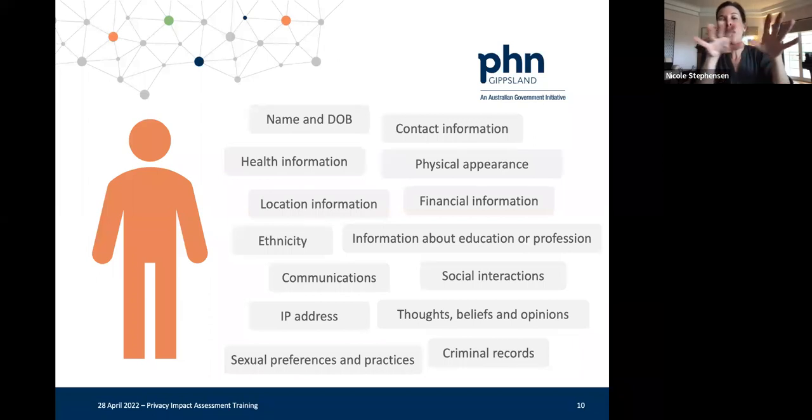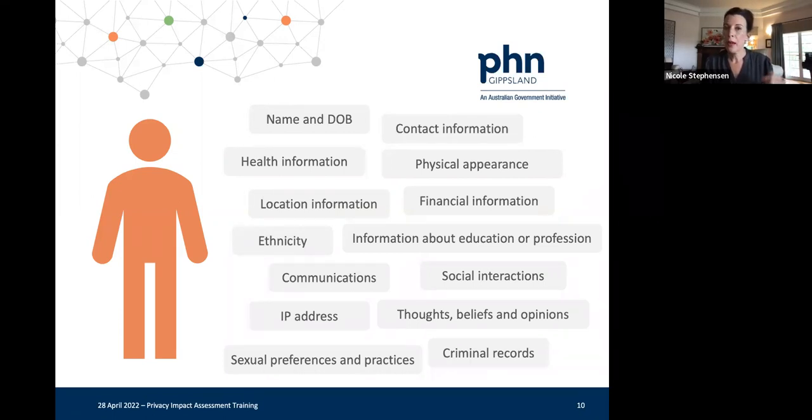So I'm just going to give you a couple of examples of what personal information could include, just to get the concept marinating for you. So within the PHN, you're going to see things like name and date of birth. You're going to see contact information, health information, most certainly, physical appearance, location information, financial details. You may also see information about a person's ethnicity or their education or profession, varying types of communications or social interactions.